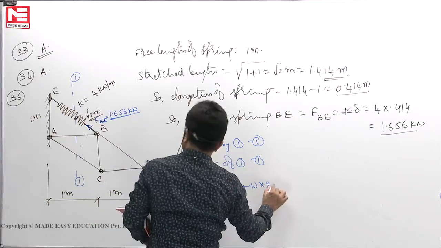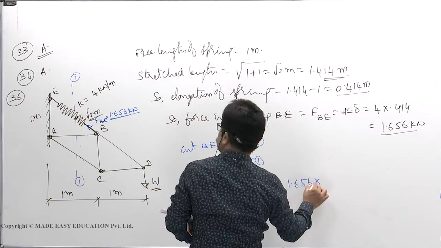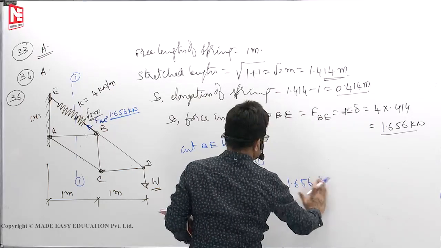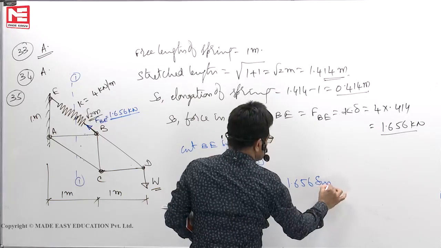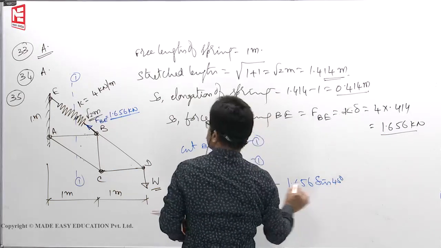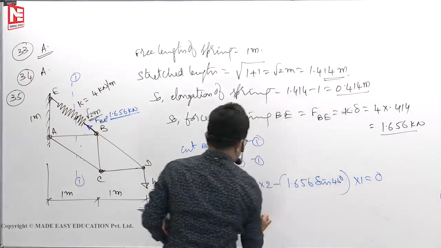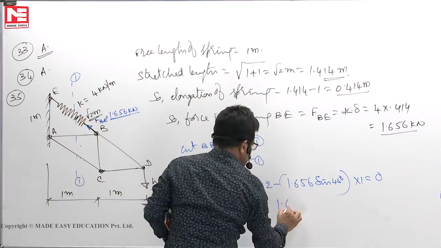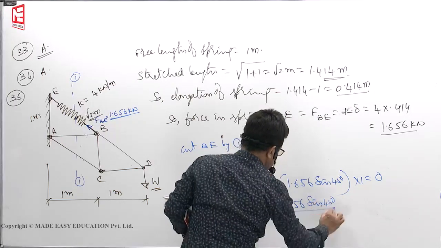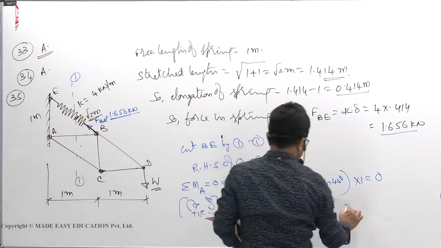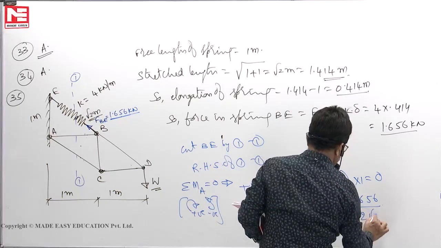So plus W into 2 minus 1.656 sine 45, the vertical component, into 1 must be 0. So W must be 1.656 sine 45 by 2. Sine 45 means 1 by root 2, so 1.656 by 2 root 2.